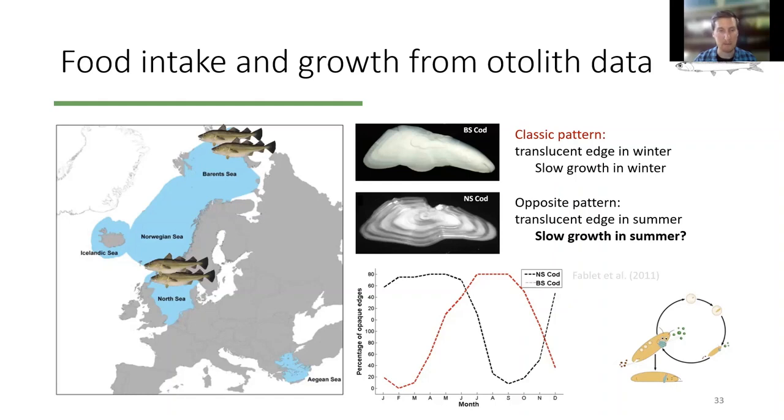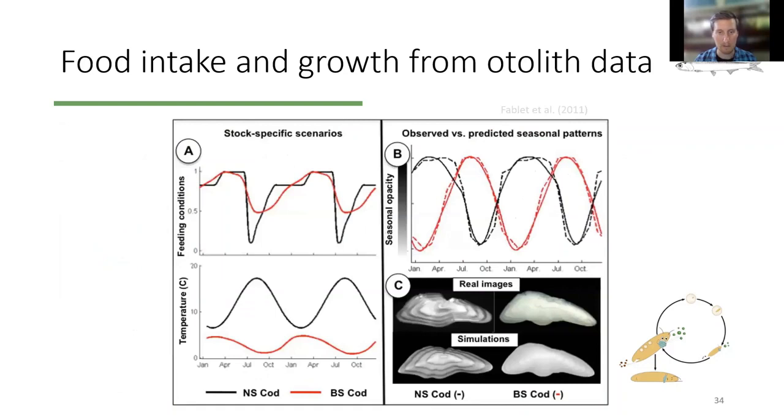And this work raised questions about how we interpret the opacity variation in the otolith, and the use of this reconstruction approach allowed us to determine that the patterns observed in the otoliths were not necessarily related only to a change in growth, but also to change in environmental conditions and migration patterns.